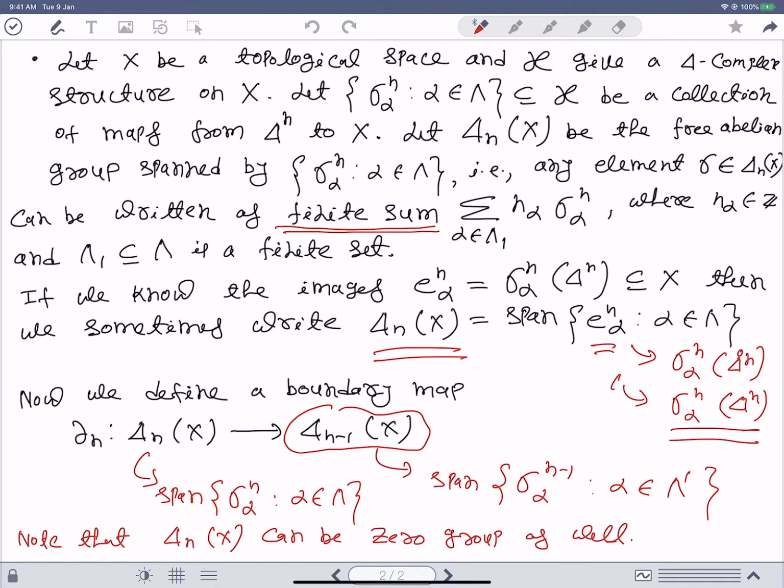So if you do not have such maps, then this group can be 0 as well. For example, when we have a torus or a Klein bottle, in those topological spaces there is no map from Delta^3 to X, right? Therefore, in those cases, Delta_3(X), Delta_4(X), all of these are 0, and we start from only Delta_2(X).